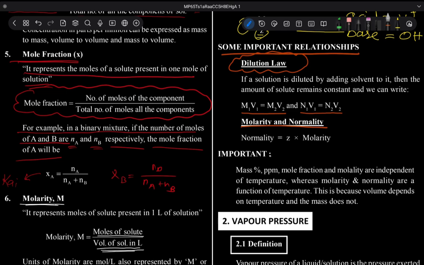The relationship is normality equals Z into molarity. Z factor is the multiplier. For example, if one molecule of sulfuric acid releases 2 hydrogen ions, then Z equals 2. In that case, normality would be double the molarity.